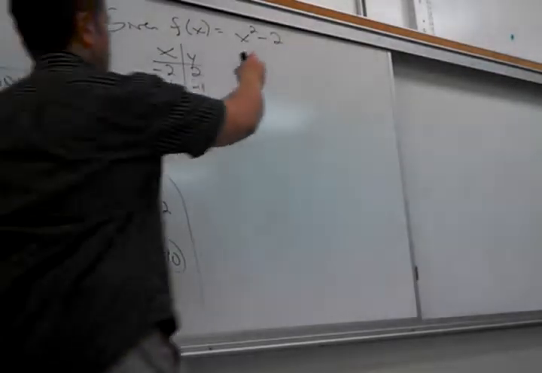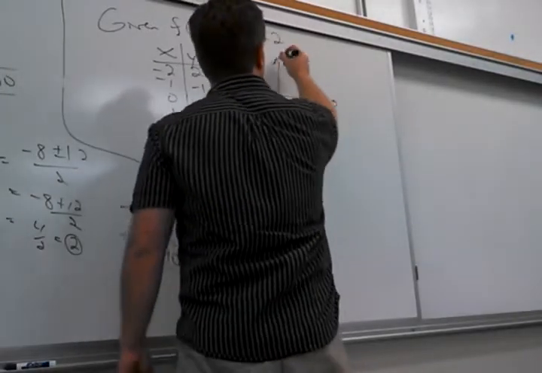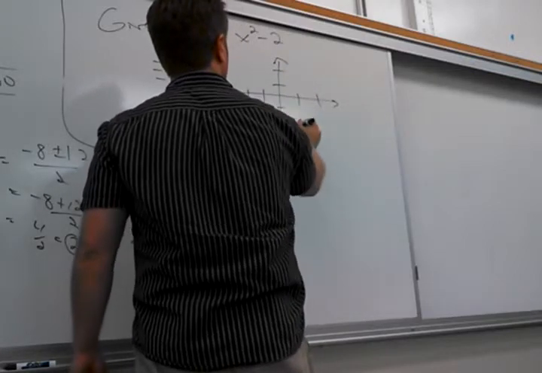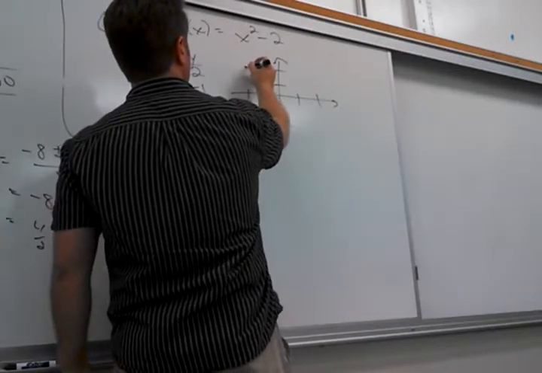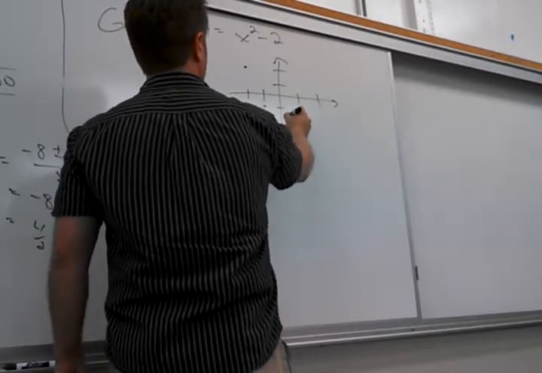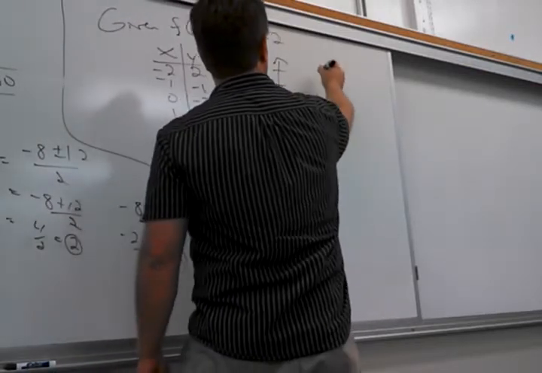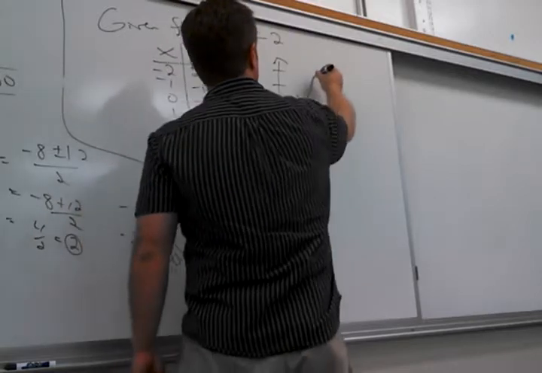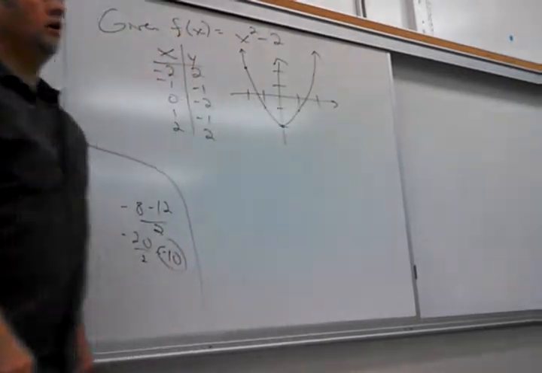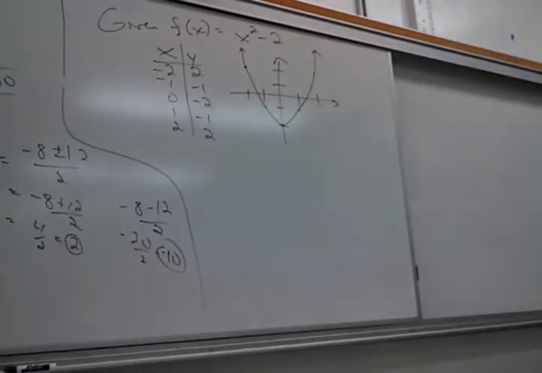So when you graph this, it does have that shape that most of you should know. At negative 2 it's 2. At negative 1 it's negative 1. At 0 it's negative 2. At 1 it's negative 1. At 2 it's 2. It's got this U shape to it, right? This parabola.